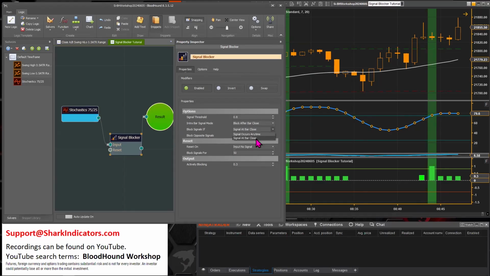So this one, signal at bar close, as the name implies, there must be a signal when the bar closes. If you want to block when a signal occurs intrabar and you don't care that the bar closed with an active signal, then this is the setting you want to use here.